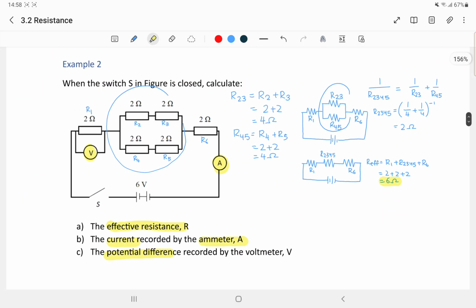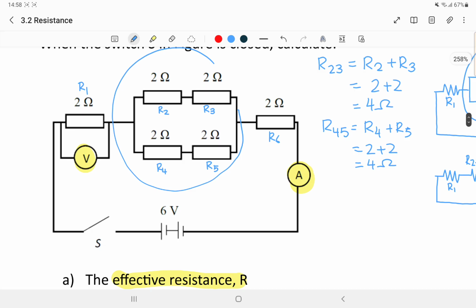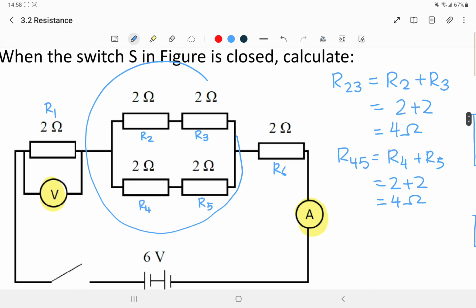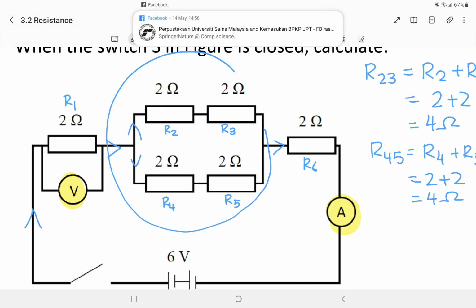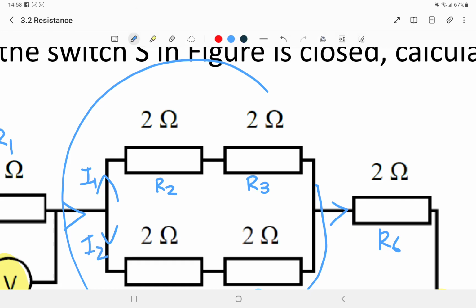Okay, so now we focus on the current recorded by the ammeter here. We learned just now that for current in a series circuit, the current here is connected in a series circuit because the current flows only in one direction here. It is separated here into R1 and R2, but then it combines back into R1.